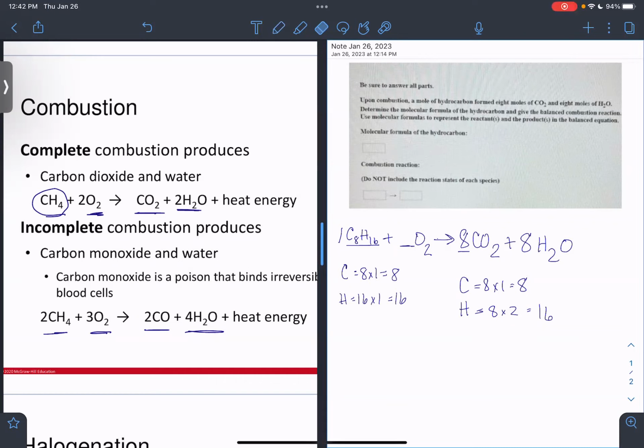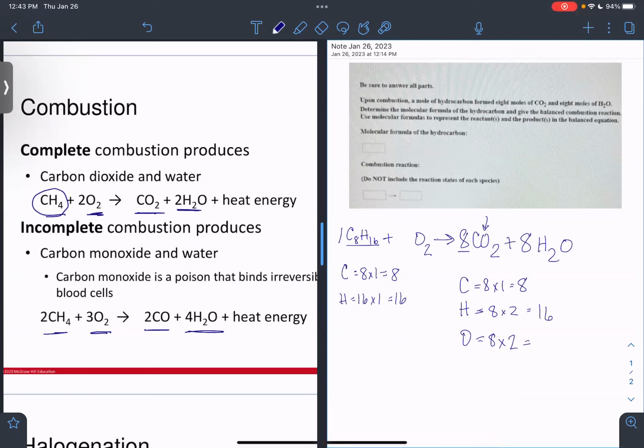Now, we have to worry about balancing the chemical equation completely, so we're worried about what's the coefficient in front of the O2. So we've got to go in our products and look at oxygen. So for oxygen, we have in carbon dioxide, right, 8 molecules of carbon dioxide, and in every molecule of CO2, you have 2 atoms of oxygen.